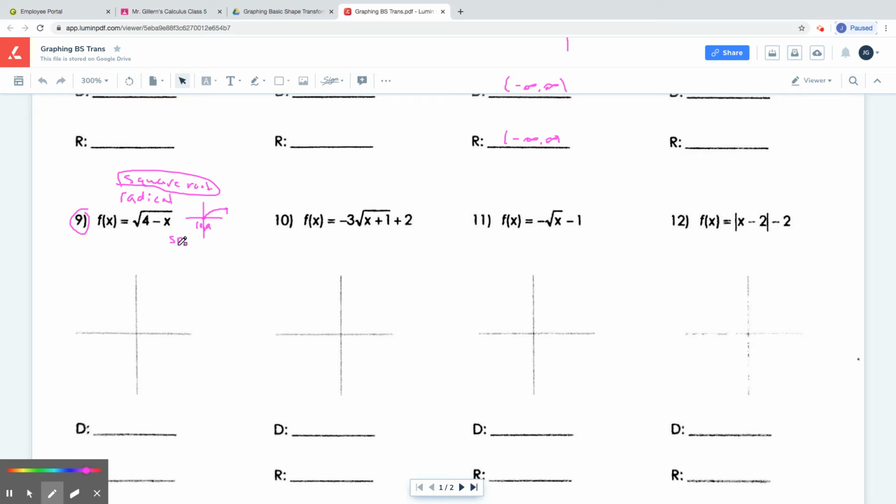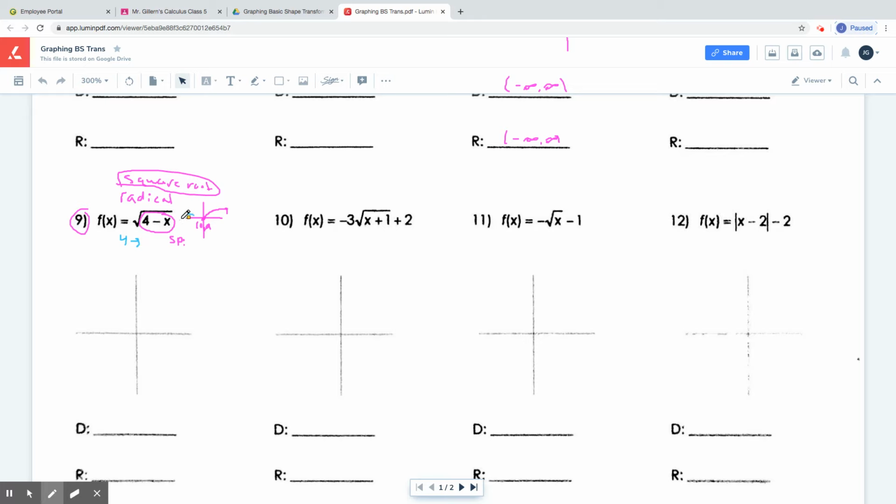All right. So our starting point is normally at 0, 0. For this problem, guess how we're going to get our starting point? Well, what does this mean right now? What is that doing to our problem? All right. Well, this is moving it 4 to the right, because you set that equal to 0.